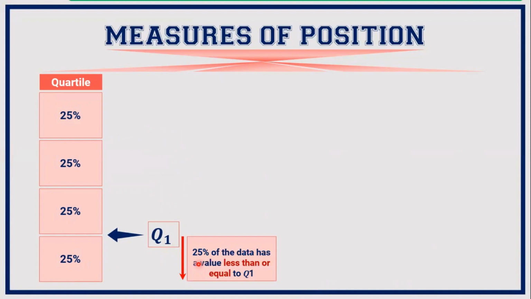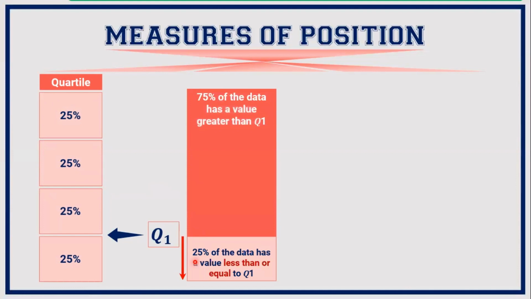This means that 25% of the data has a value less than or equal to the quartile 1. Now, we're talking about 100% of the data, but for the quartile 1, we only identify the 25%. Where is the 75%? The 75% of the data has a value greater than the quartile 1.